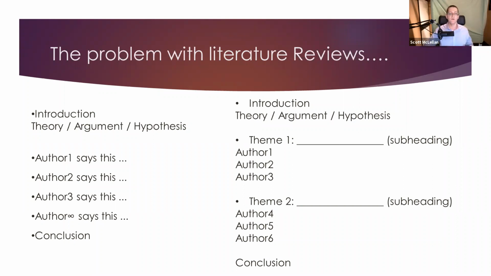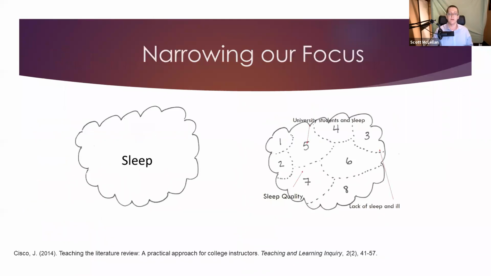So what I want to do is move away from what we have on the left side and move towards what we have on the right side, more thematically organized ideas. And I like to use an approach from Cisco 2014 to teach this idea, where you get them to think of the subject in defined parts that they're focusing on.